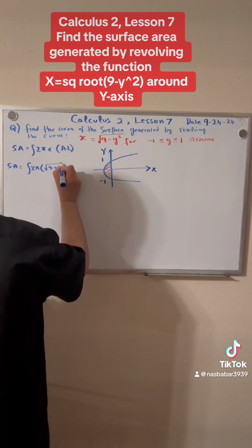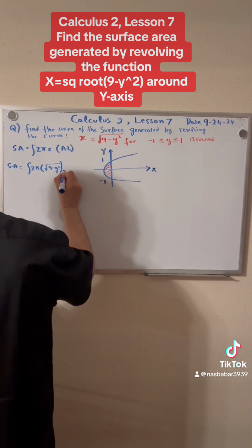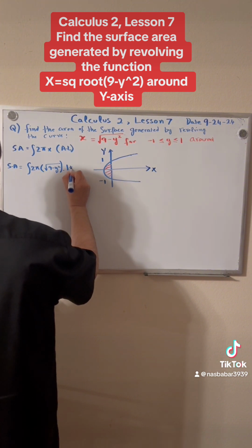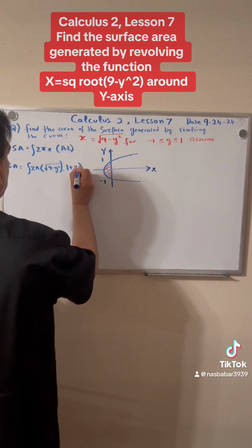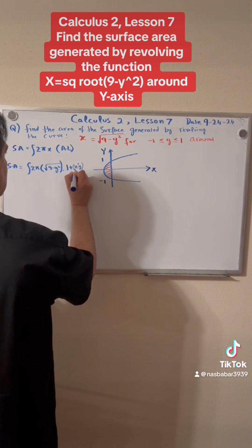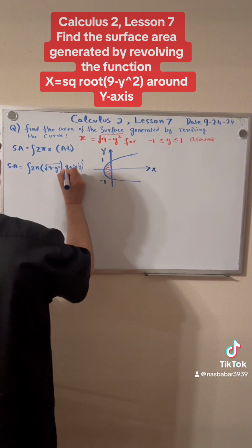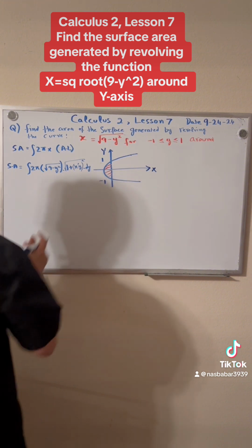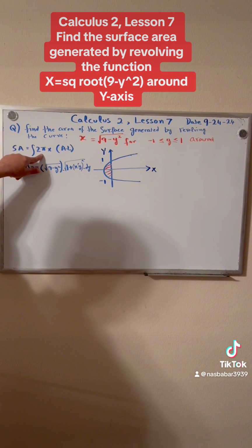Then we multiply the whole thing by the arc length, which is going to be the square root of 1 plus x prime of y, the whole thing squared, dy.